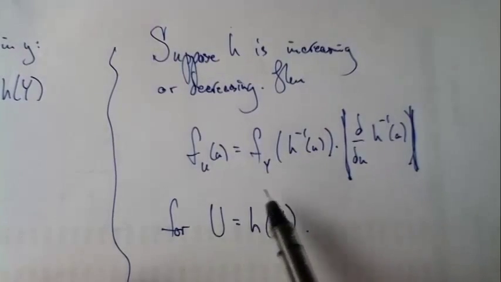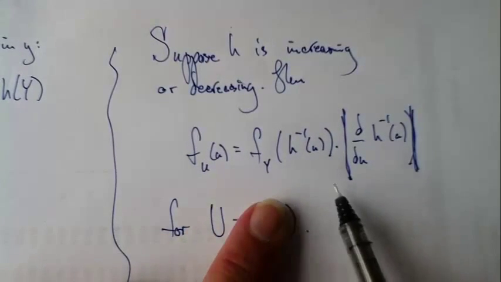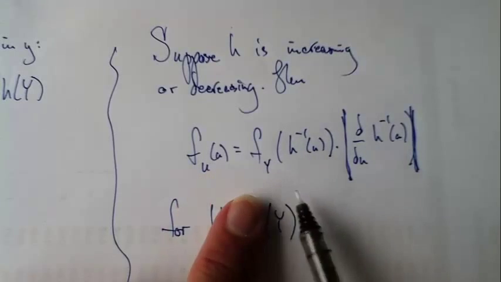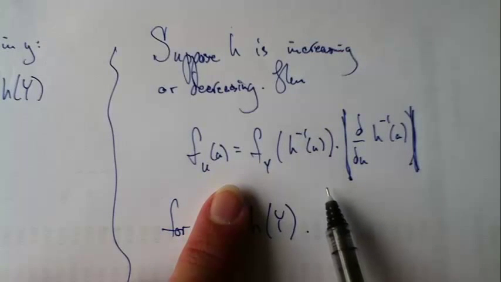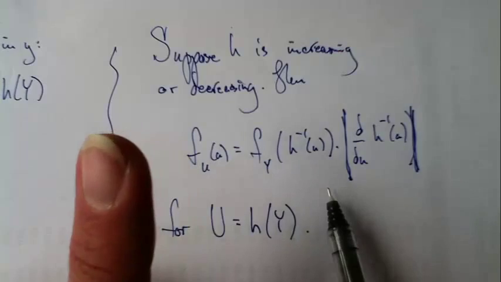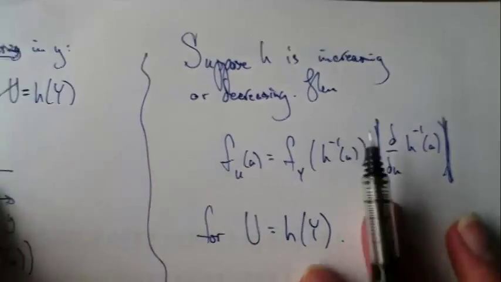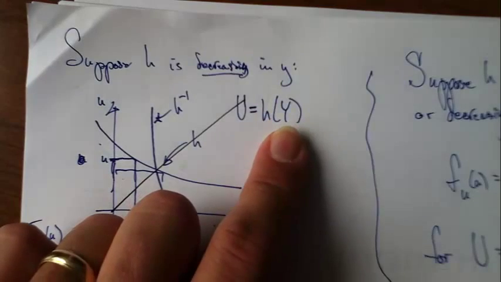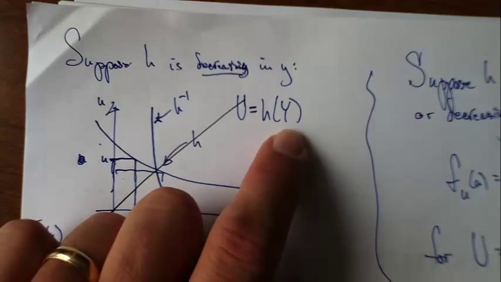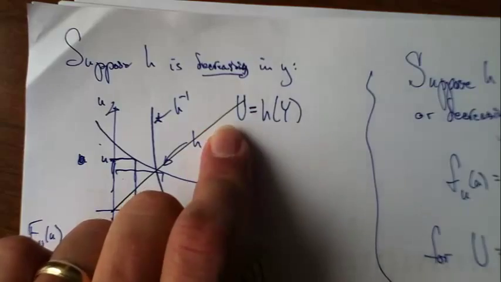And so this is related to the method of distribution functions, but remember, with the method of distribution functions, the idea is you want to go from one probability density function to another. If I know how y behaves and I have the PDF of it, then I want to know ultimately what the PDF of u is.